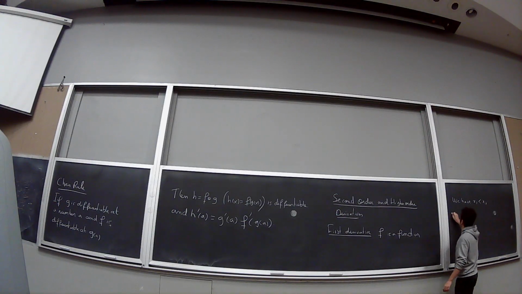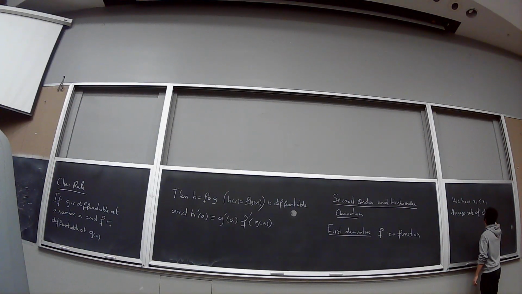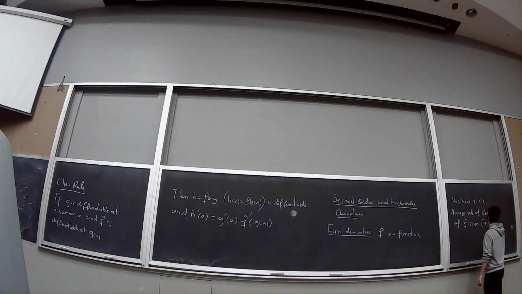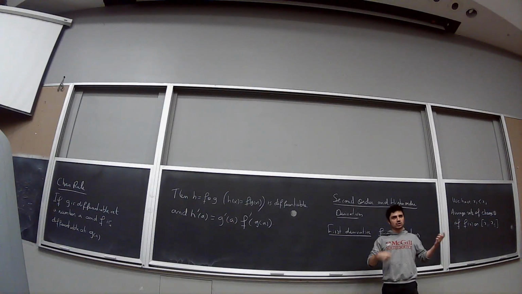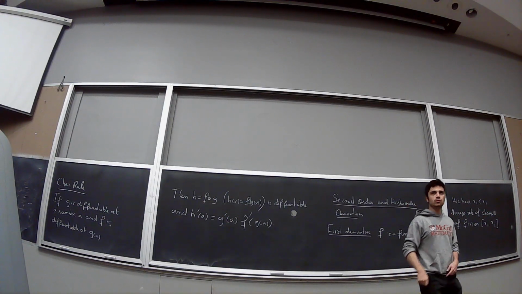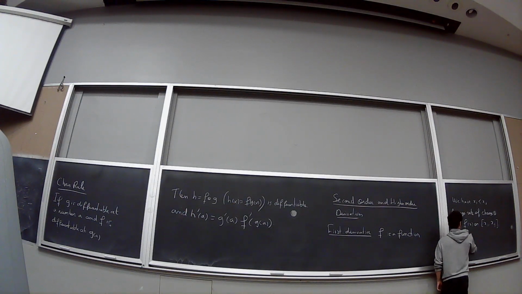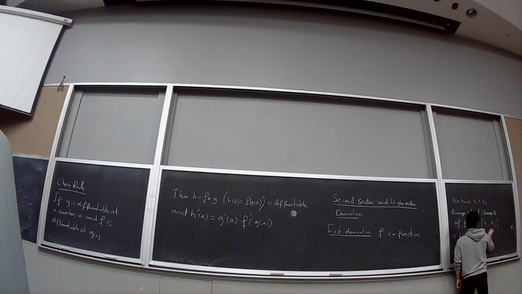We said that the average rate of change of f of x on x1, x2 is the slope of the secant line joining x1, f of x1 and x2, f of x2, right?